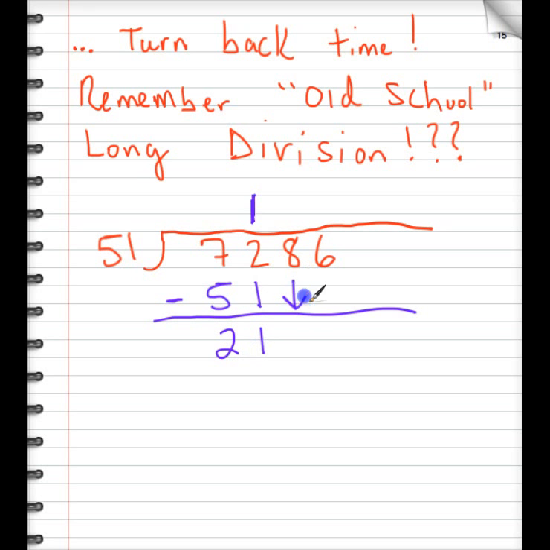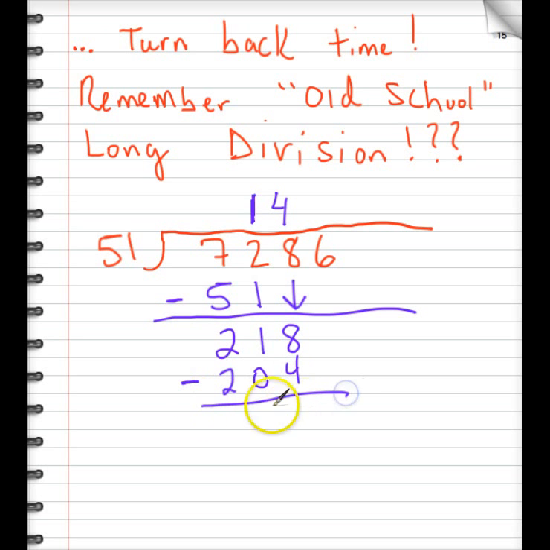You bring down the next place value, which is the 8, and you ask yourself, 51 goes into 218 how many times? Well, it'll go 4, and then you multiply back. 4 times 51 is 204.